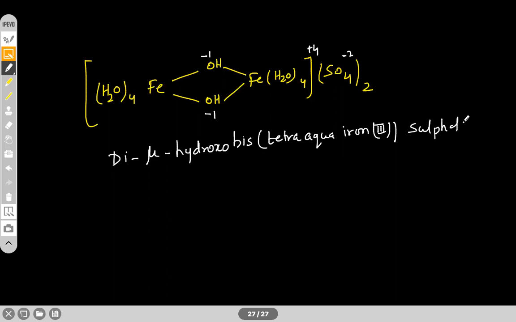This is the name of this compound. Mu, we use a Greek letter just to represent the bridging group ligand. Okay, I'll give you one note to write down: the bridging ligand is expressed by the Greek letter mu.